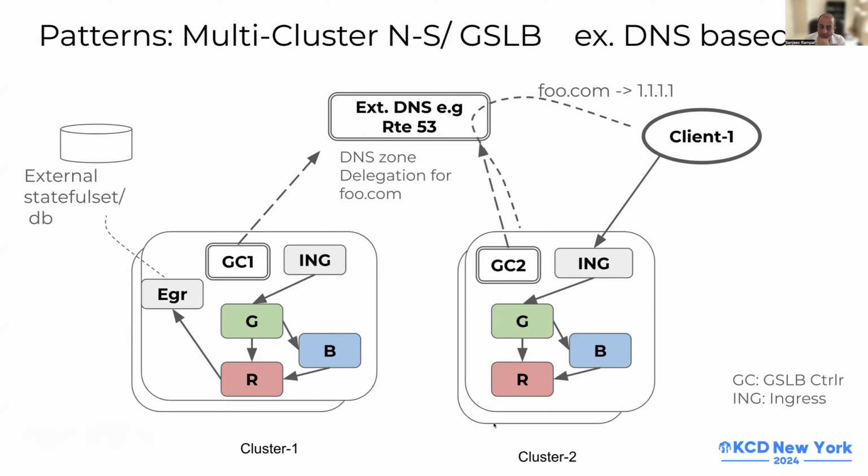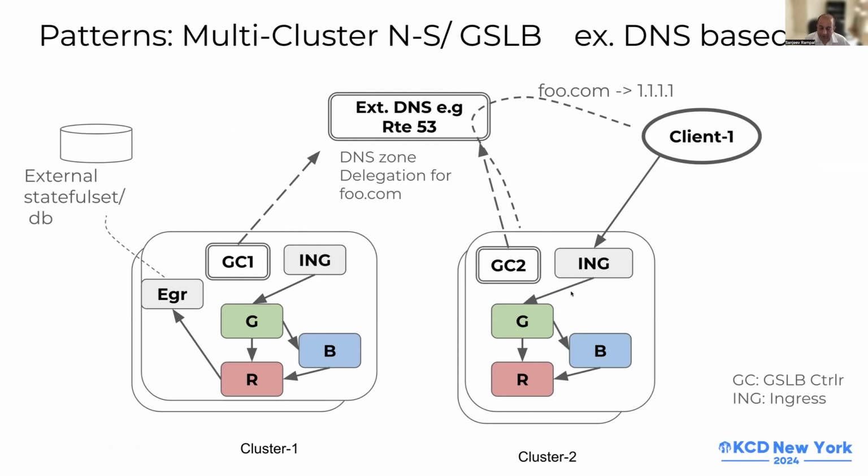So we've achieved one level of multi-cluster networking by completely replicating the application across clusters and having some logic to distribute incoming requests to one or the other of these clusters.